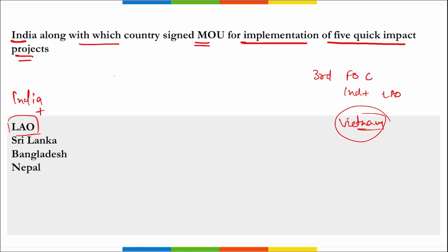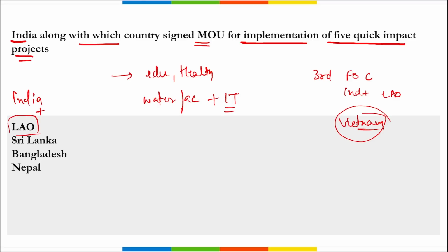5 quick impact projects. These are basically in the field of education, health, water facility and IT sector, right? Then both the sides basically talked about explored opportunities, right?